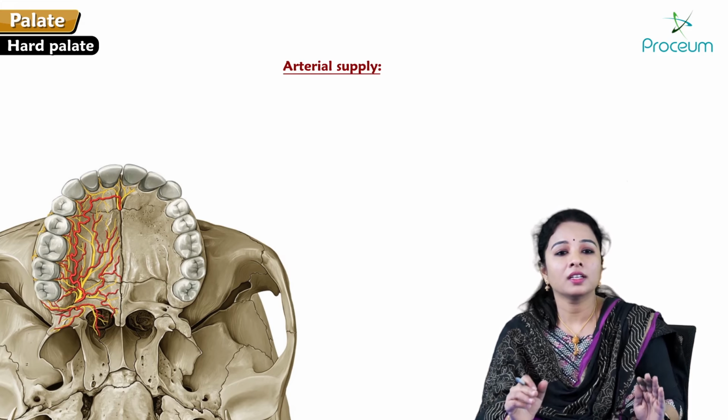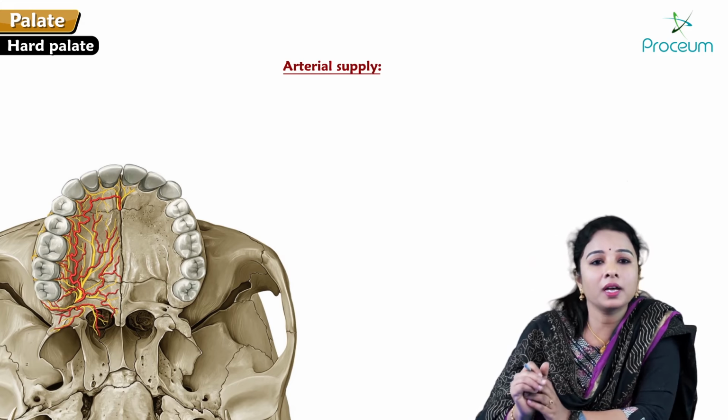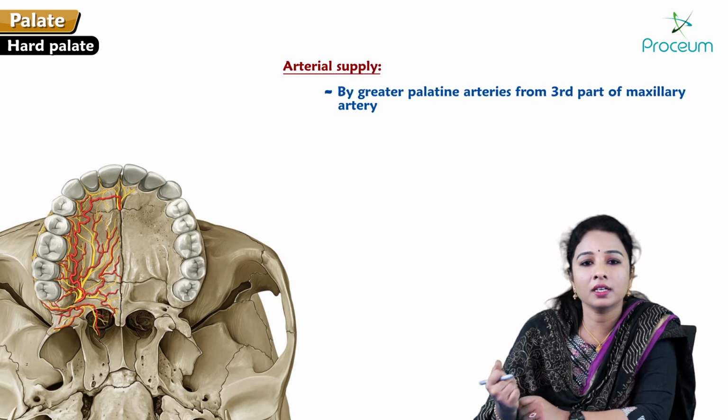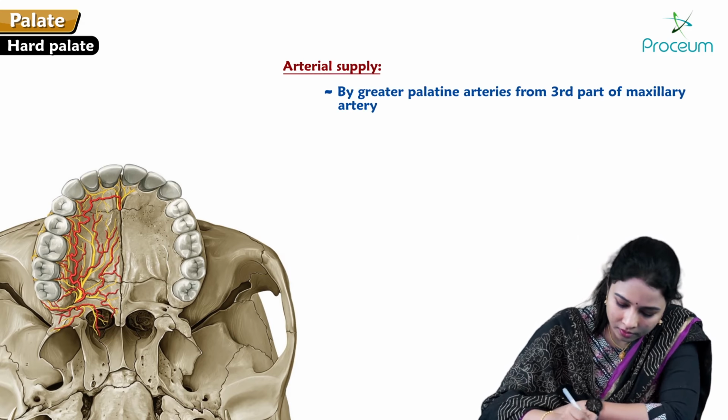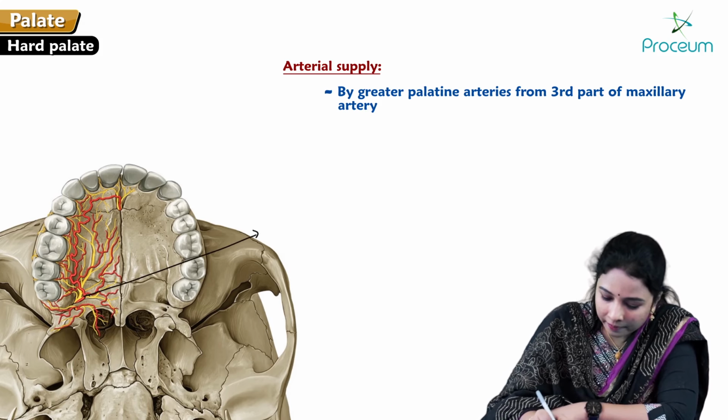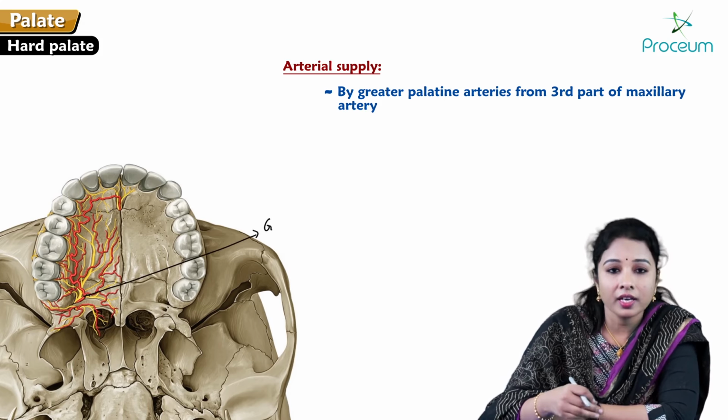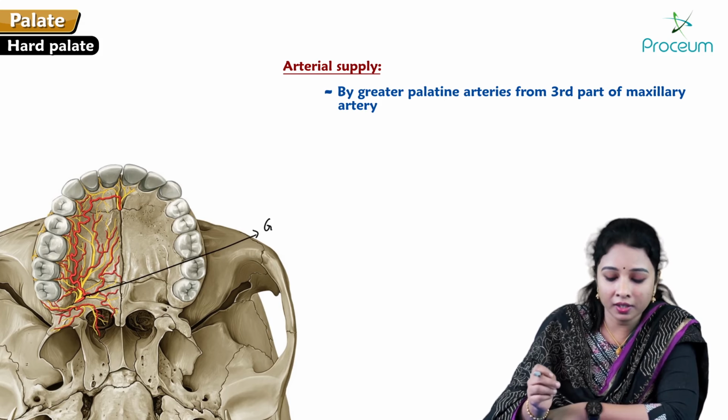Arterial supply. The arterial supply to the hard palate is by the greater palatine arteries from the third part of the maxillary artery. So, we can see the greater palatine artery exiting through the greater palatine foramen.